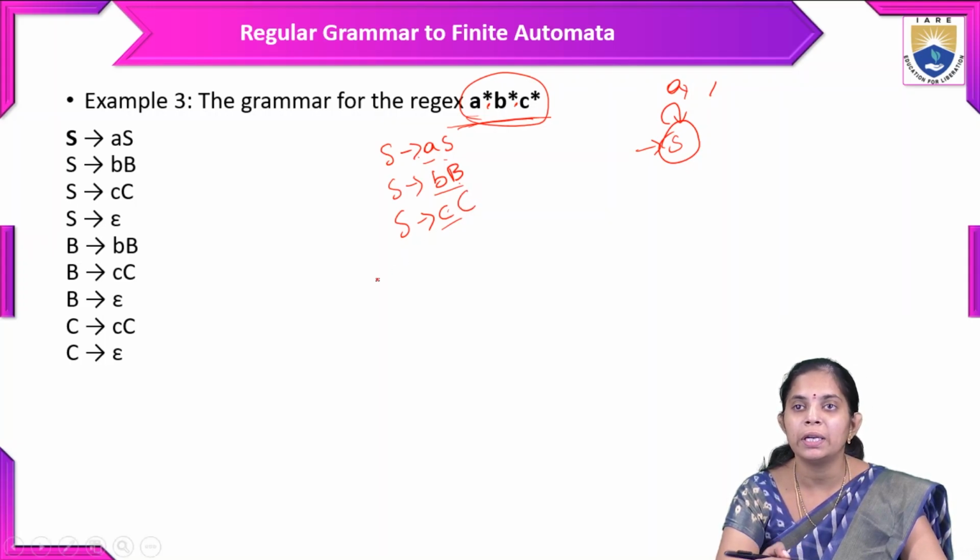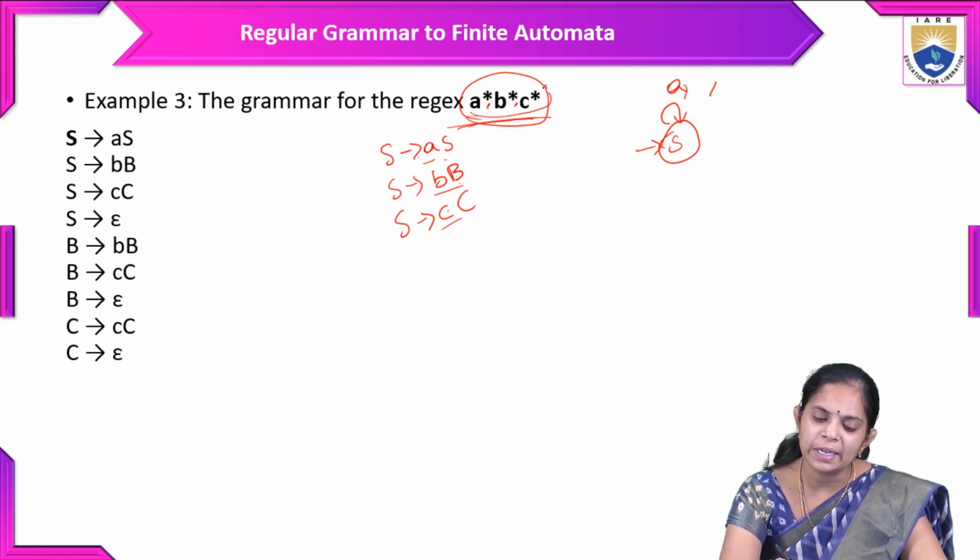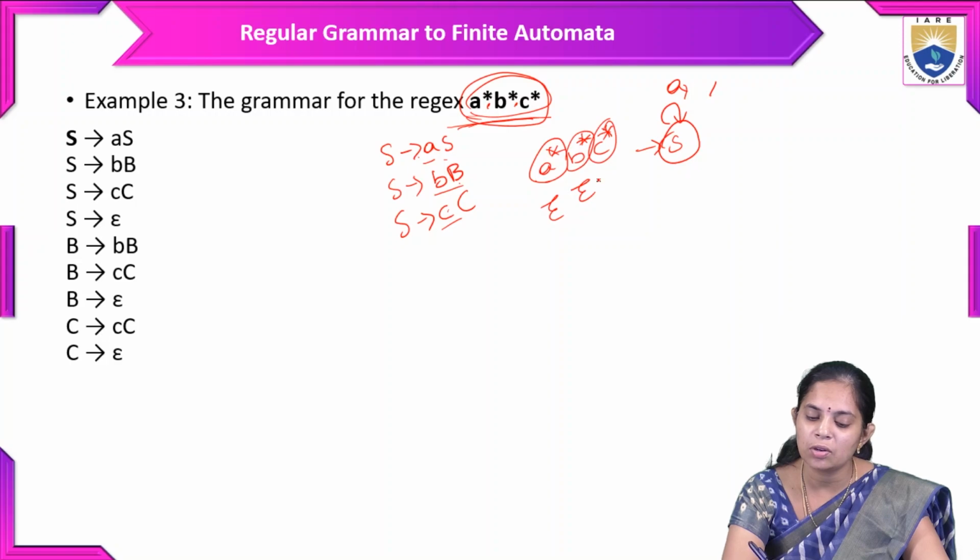In A star, B star, and C star, each takes epsilon as an input string, so this concatenation also gets epsilon.